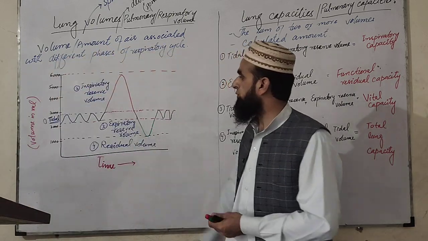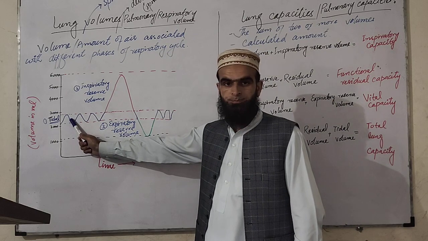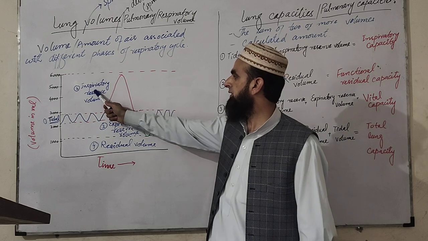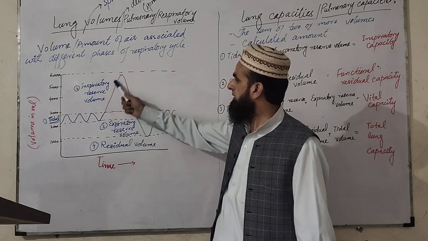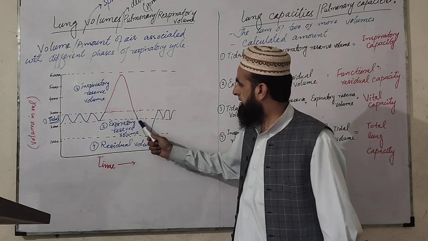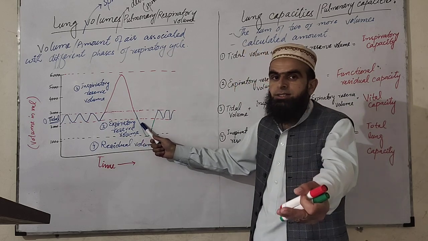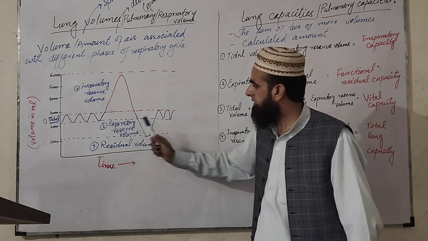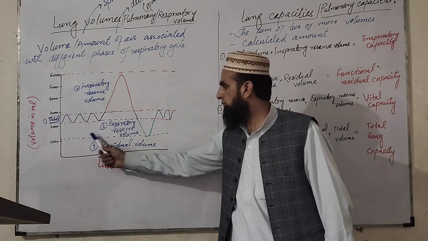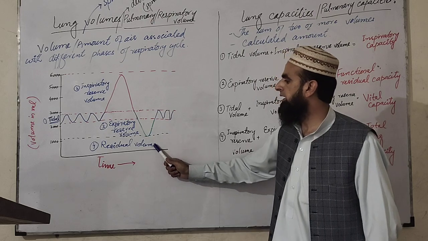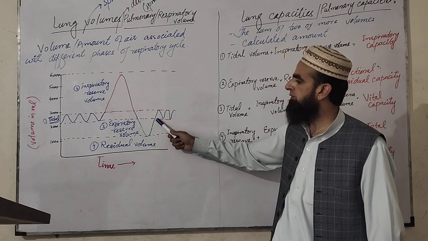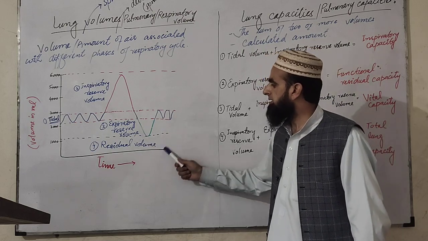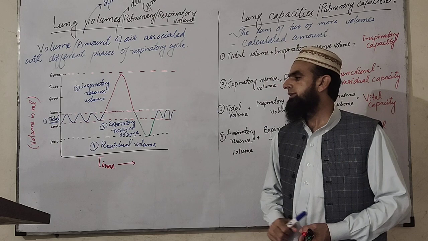So these are the four volumes. One is the normal, the tidal. Another one is the extra amount which is inspired during inspiration as a reserve, called the inspiratory reserve volume. Then the amount of air exhaled beyond the tidal volume is called the expiratory reserve volume, and the amount of air which remains inside your lungs after the expiratory reserve volume is exhaled is called the residual volume.